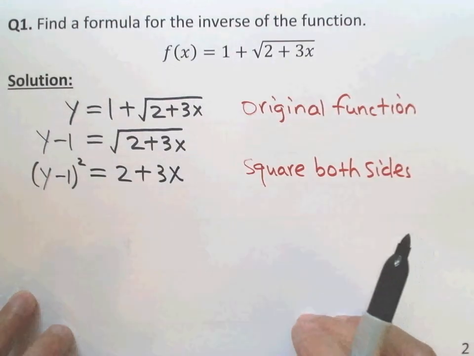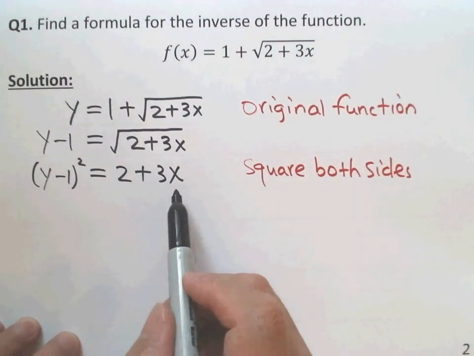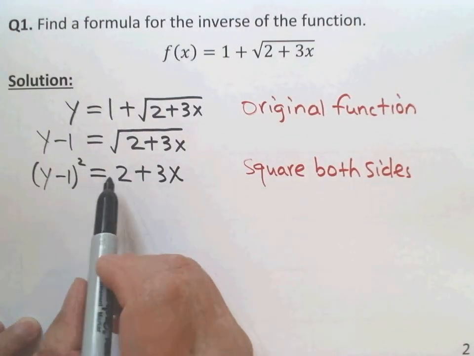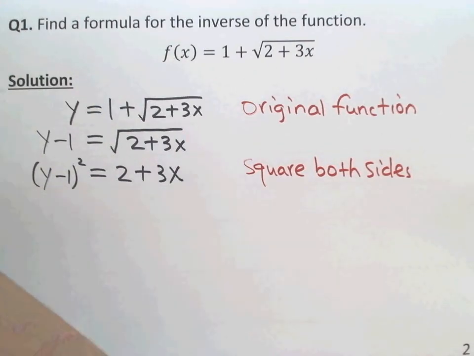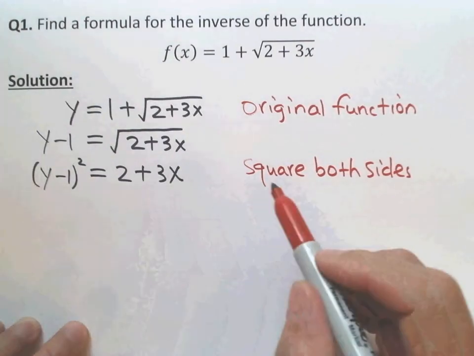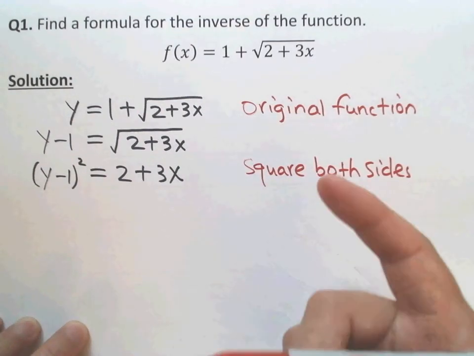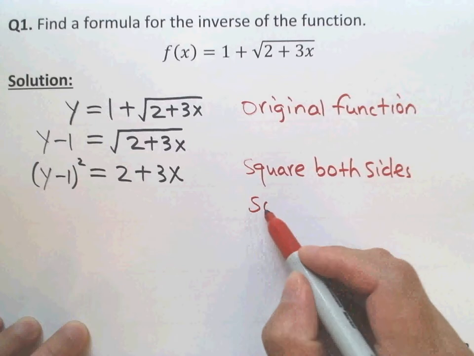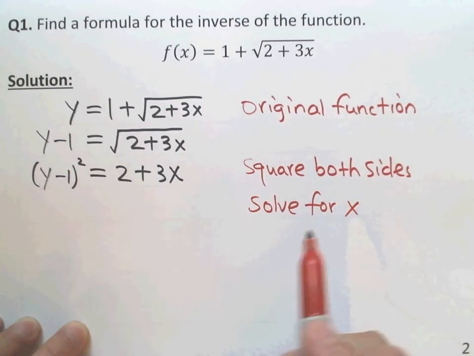Now all you need to do is solve for x, which is easy, a linear equation in x. Subtract 2 from both sides and divide by 3. That's what we said in the first step: we solve for x.